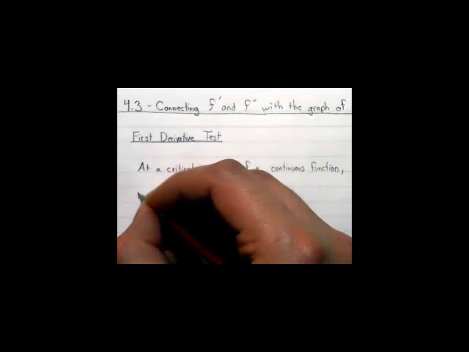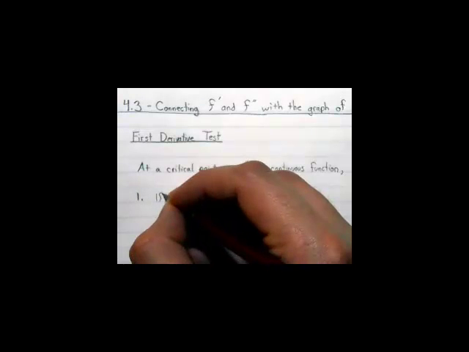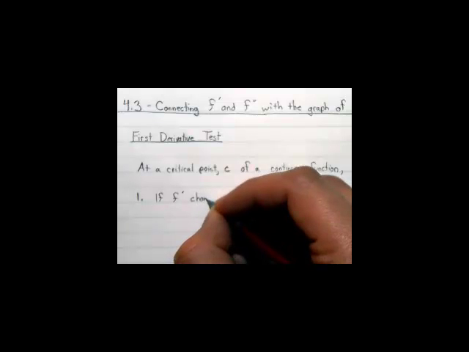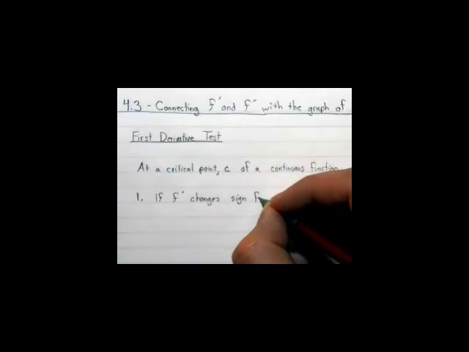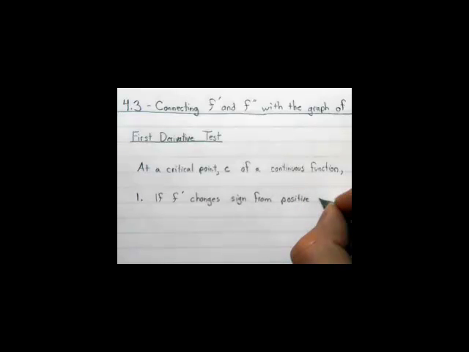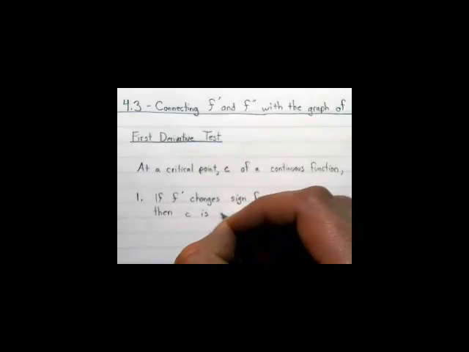So, number one, if f prime changes sign from positive to negative at c, then c is a what?